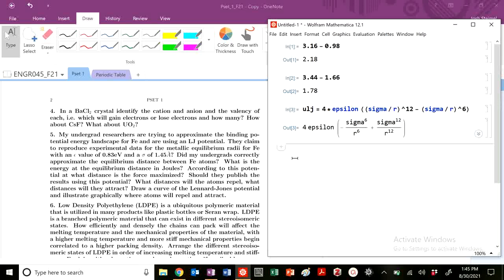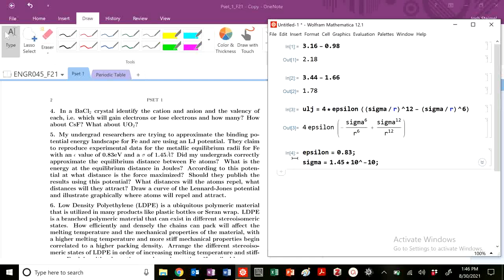I find that my epsilon equals 0.83 eV. My sigma equals, again, these are fitting parameters, 1.545 angstroms. I'm going to convert that to meters because I want to work in meters. The eV is an energy in electron volts. We could convert that to joules, but at this point we don't need to.